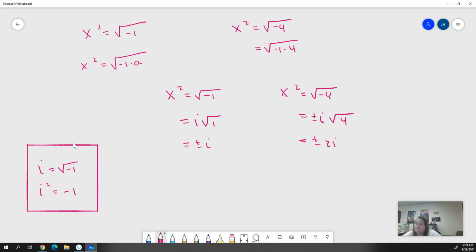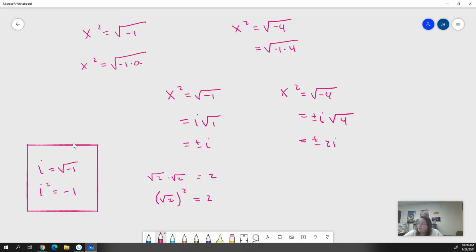And if you think about it, it makes sense, because if I have the square root of 2 times the square root of 2, it just gives me 2, right? Or if I had the square root of 2 squared, which is the same as this, I would just get 2. Anytime we square something under a square root, it just gives us whatever it was under the square root.